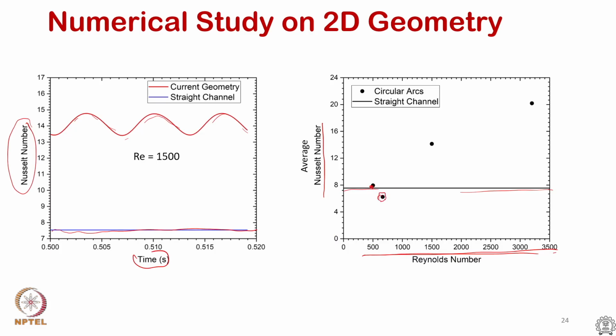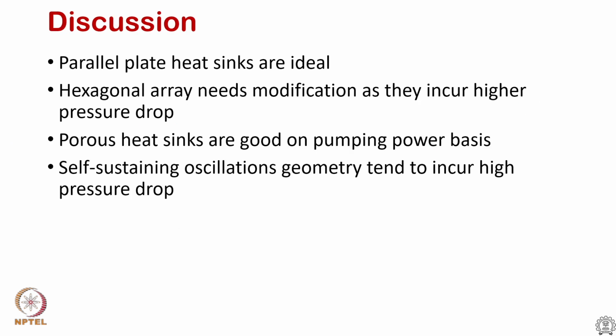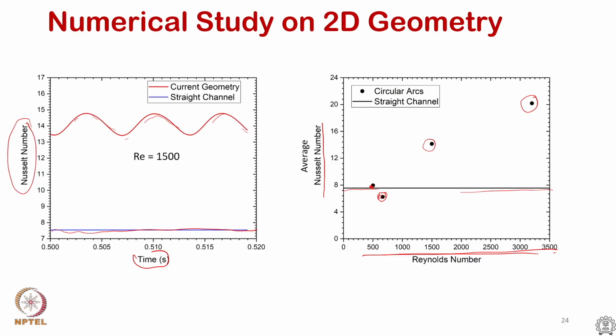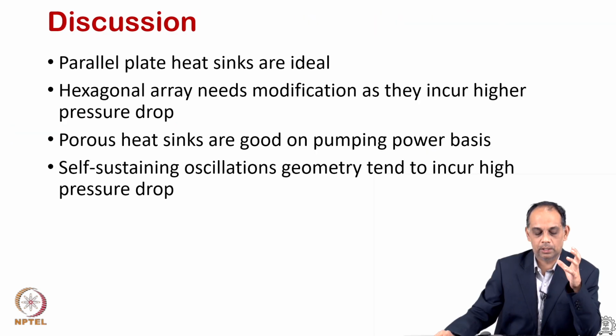At 665 there is a minor decrease. This could be purely a numerical issue, but as you increase the Reynolds number, it starts to see higher and higher values. One of the main things with this geometry, even though we didn't report the pressure drop, was that the pressure drop tends to be much higher compared to a parallel plate geometry.